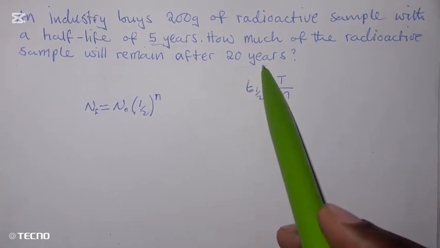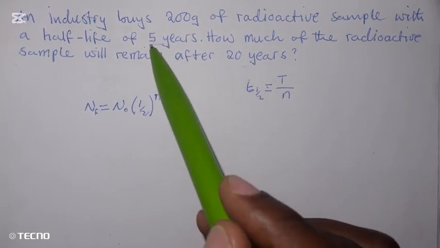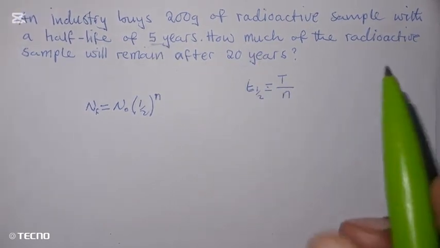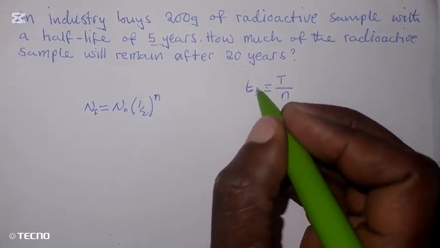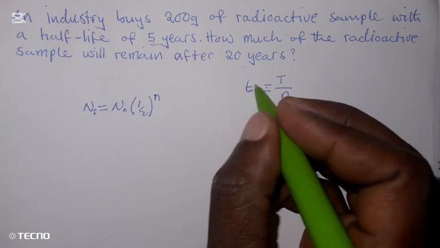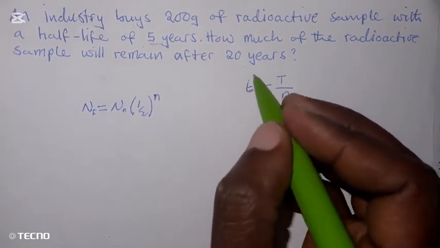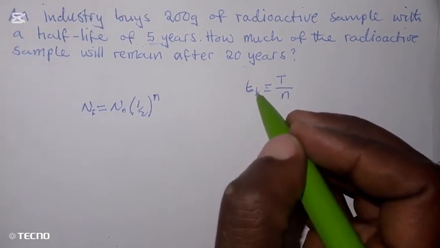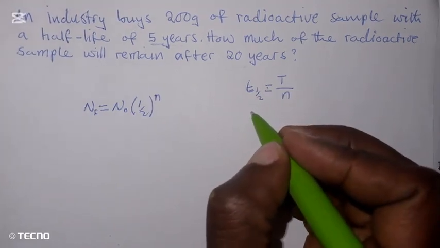So 20 years is the total time, and the half-life here is 5. So just replace. We can make n the subject of the formula. Before we do that, let's replace where there is half-life by 5.